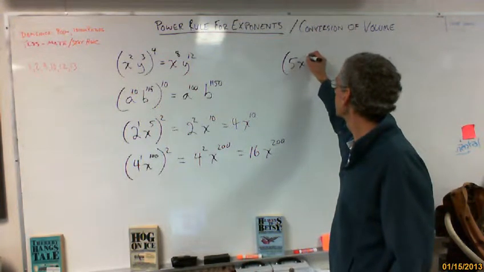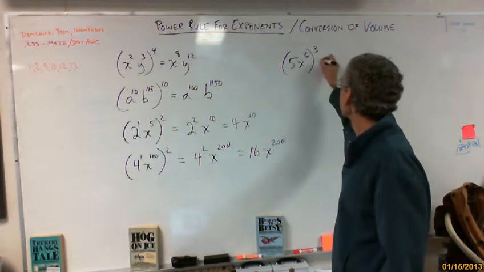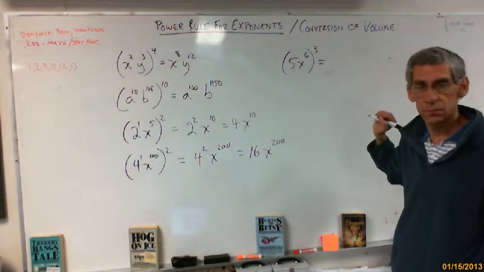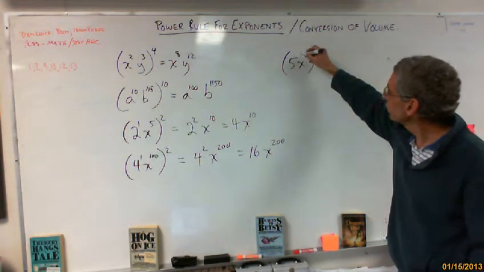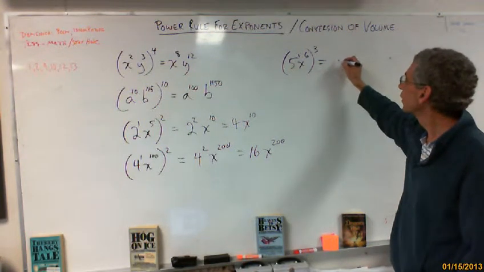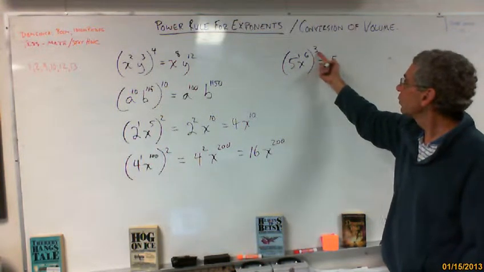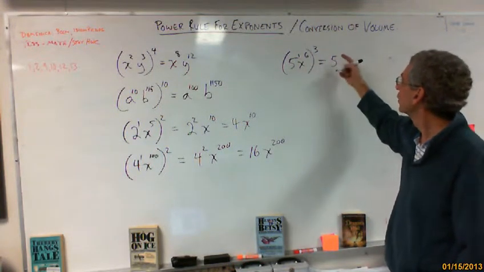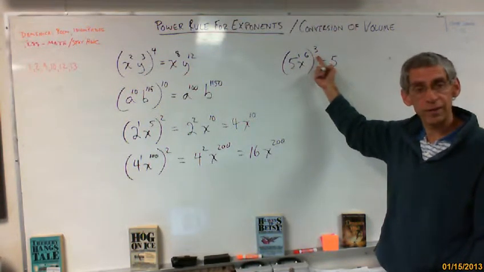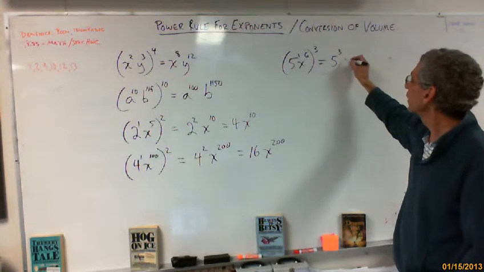All right, one last one. 5x to the 6th, cubed. All right, Tess, help me. So 5 to the 1, right? You're only multiplying this times exponents, right?